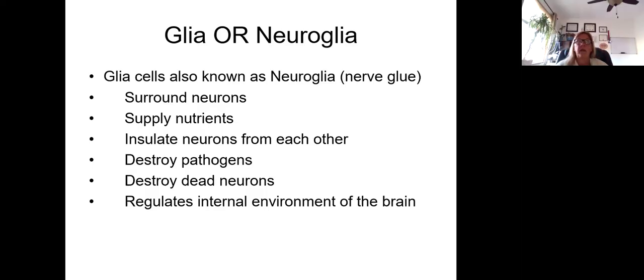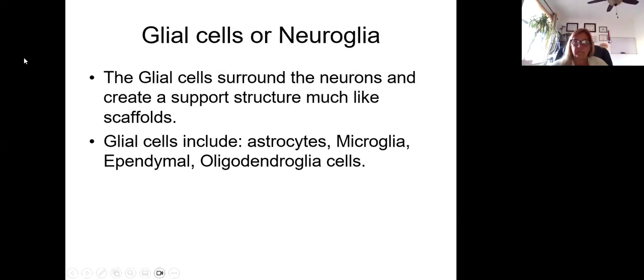If you think about the brain when it's unfixed, it's sort of jelly-like. That jelly-like substance is a conglomeration of glia cells. They're your glial cells.